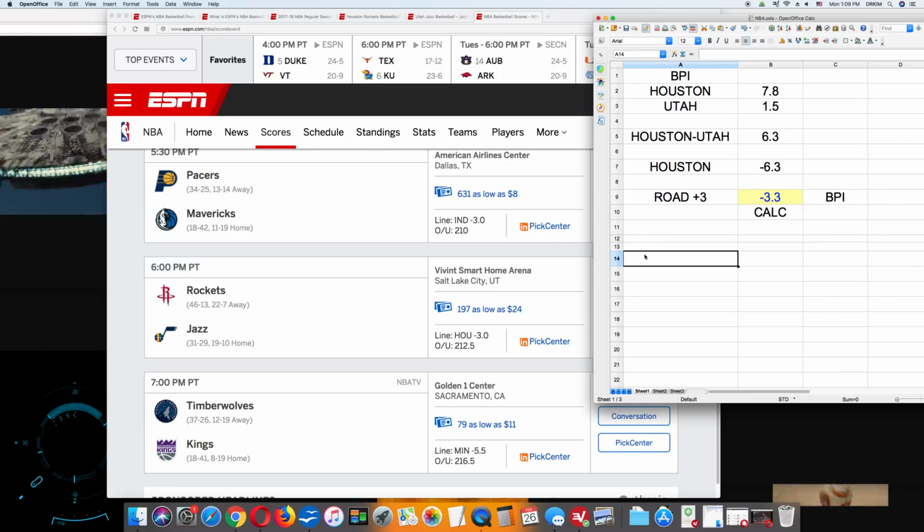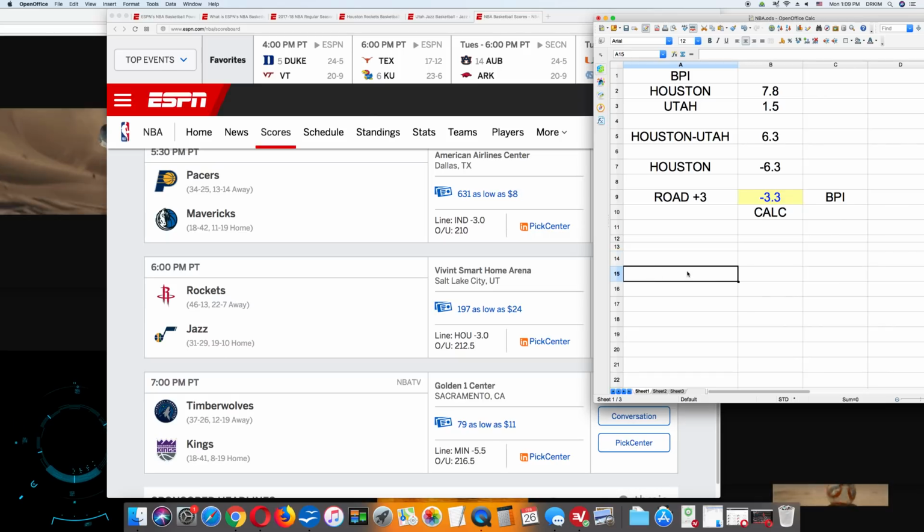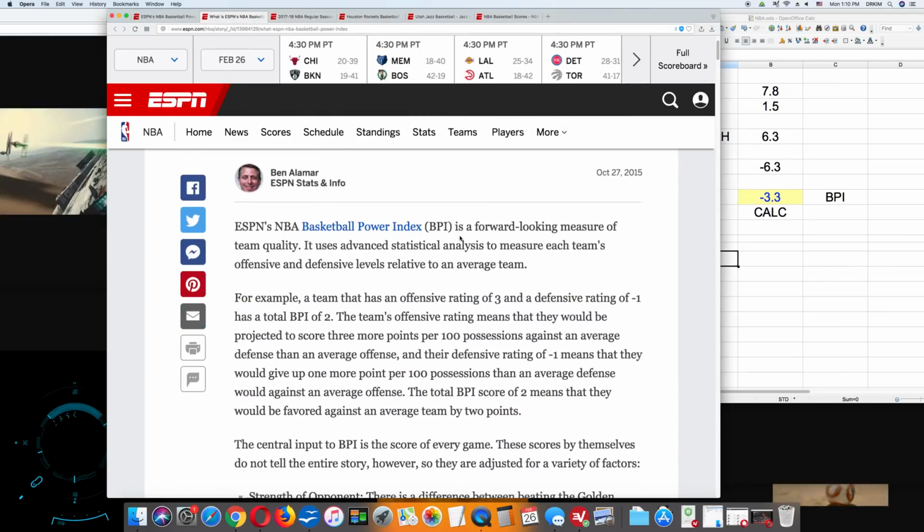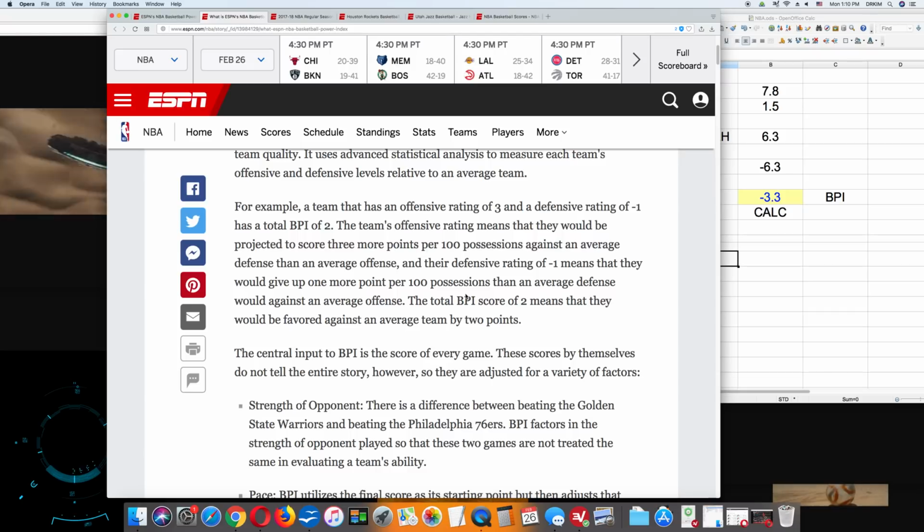What's the next method? So in essence, the BPI is a point differential, okay, with adjustments for various factors such as strength of the opponent, pace, etc. One thing I'd also want to point out to you, this is kind of more of an advanced detail, is the BPI is based on 100 possessions. So the BPI is the number of points per 100 possessions. Now, in the NBA, a typical number of possessions in a game for a team is 100.